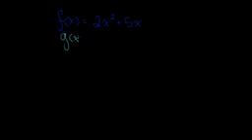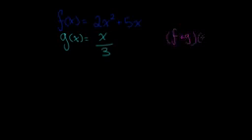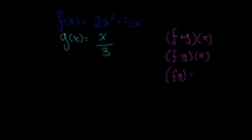For example, if I have that f of x is equal to 2x squared plus 5x, and that g of x is equal to x over 3, then let's try to find f plus g of x, f minus g of x, f of x times g of x, and last but not least, f divided by g.